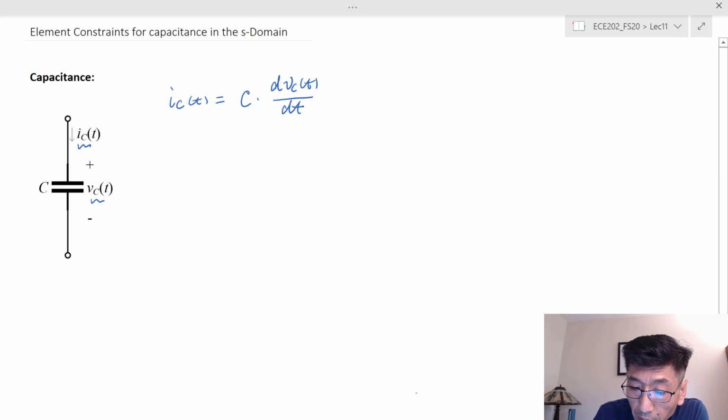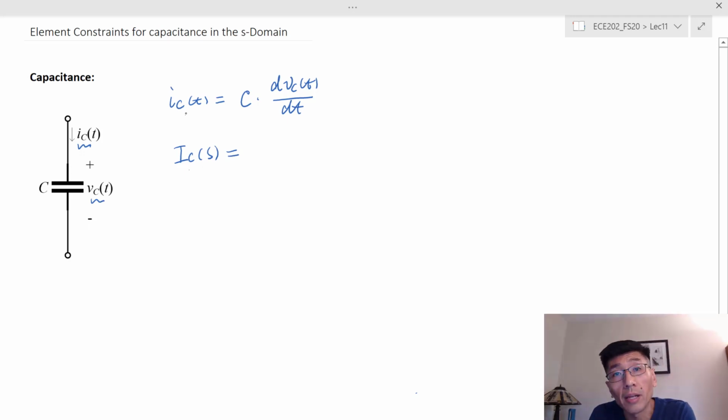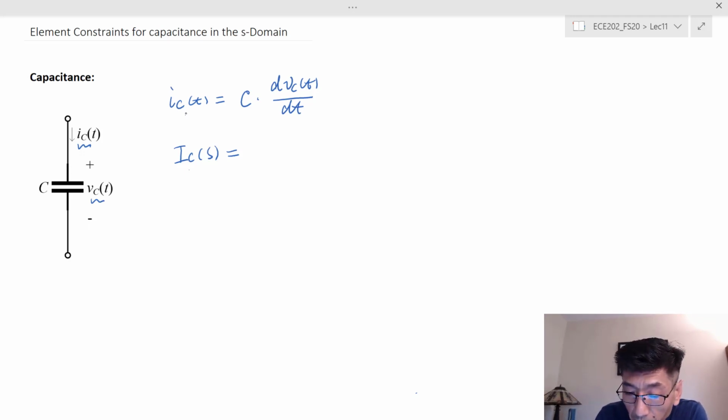And if you apply the Laplace transform on both sides, we would have I sub C(s). Of course, I sub C(s) is just the Laplace transform of I sub C(t). I'm not going to write this anymore because we're following the same convention, even for the inductance as well.